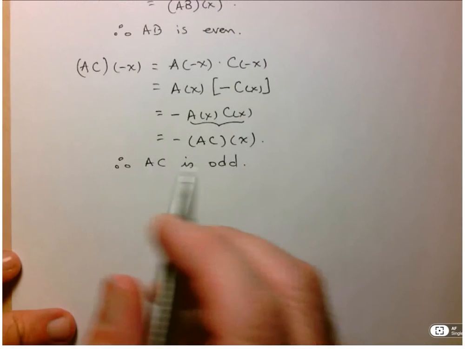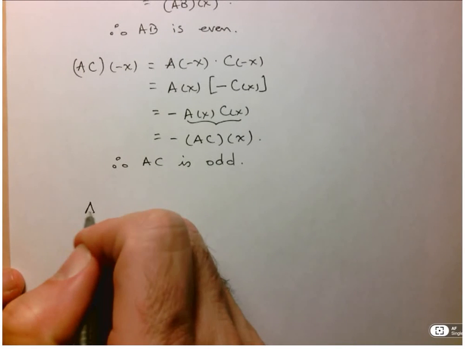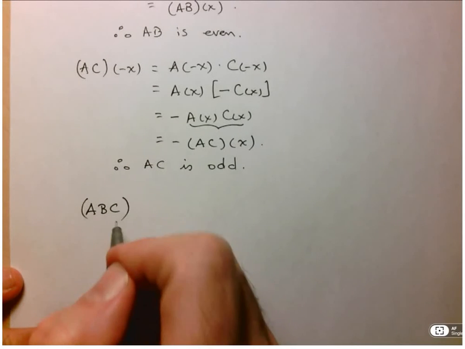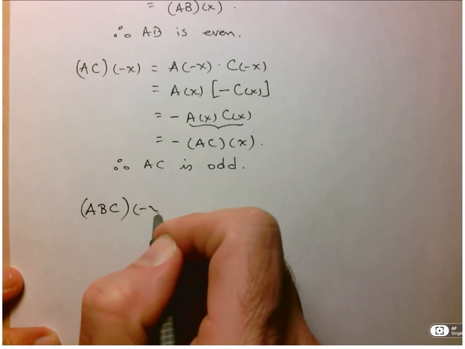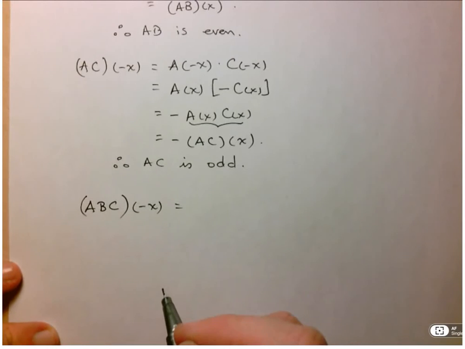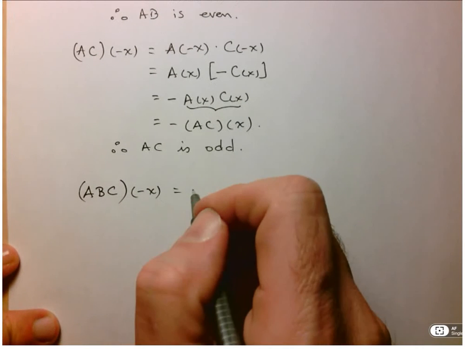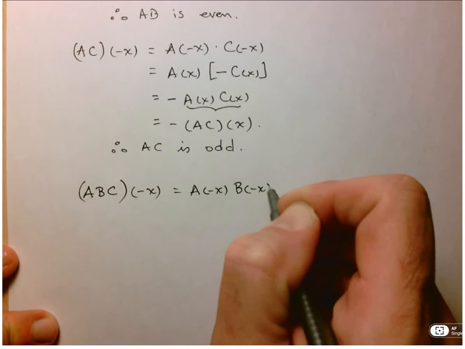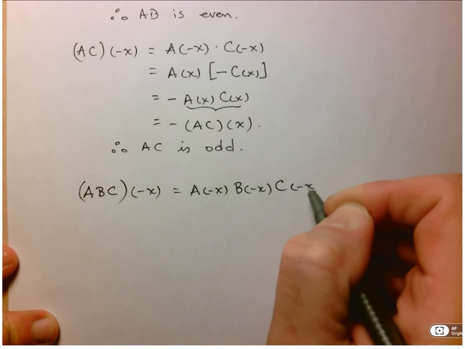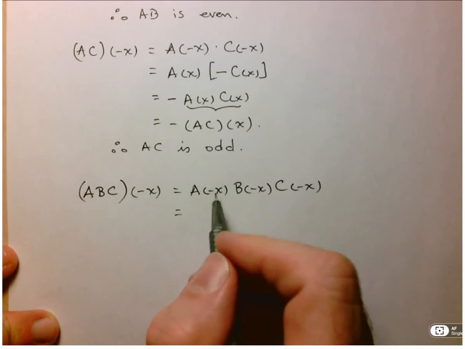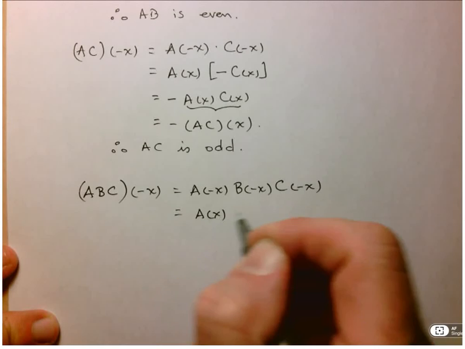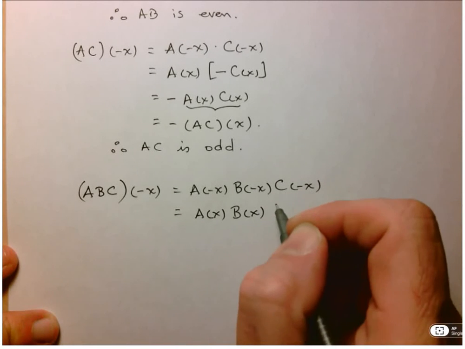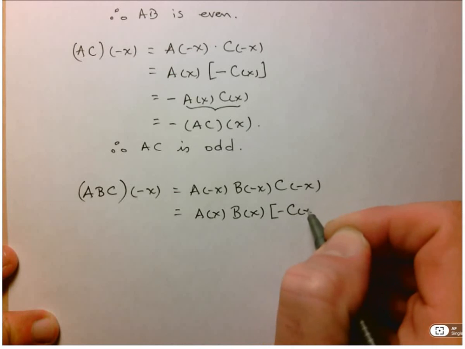So lastly, let's show that ABC is also an odd function. So I'm going to take this function and evaluate it at negative x. By the definition of products of functions, this is the same as A at negative x times B at negative x times C at negative x. And again, A is even, so equal to A at x. B is even, equal to B at x. And C is odd, so equal to negative C at x.